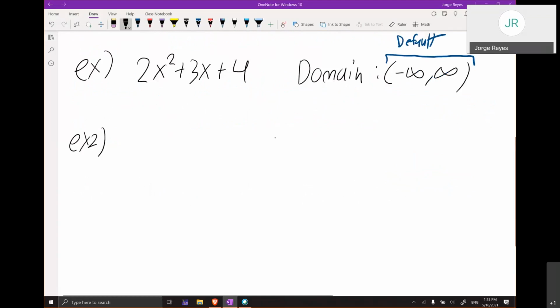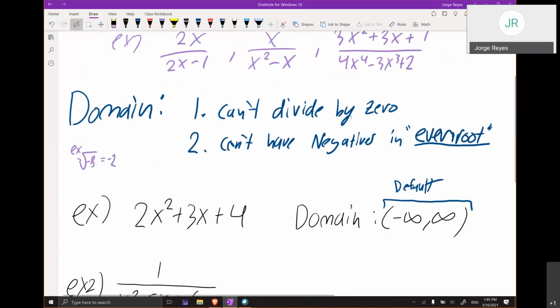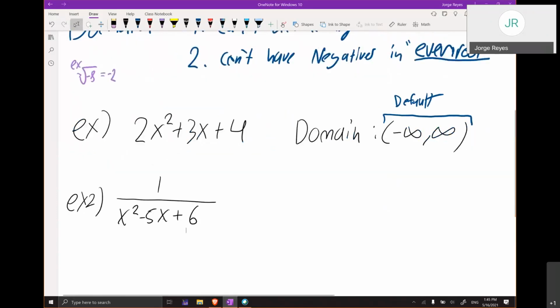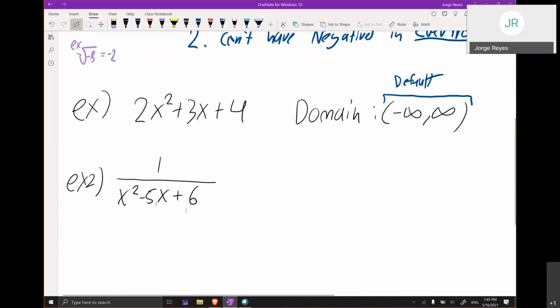So, example 2. Here I'm going to have 1 on top, something simple, and then x squared minus 5x plus 6. Remember, rule one is we can't divide by 0. So you want to figure out when the bottom is 0. I'm going to factor the bottom, and here's why knowing how to factor is important.